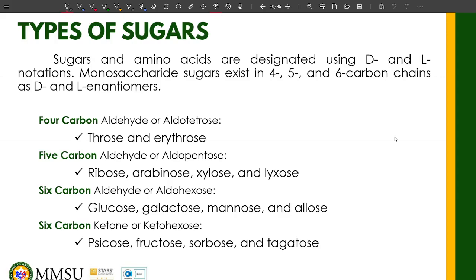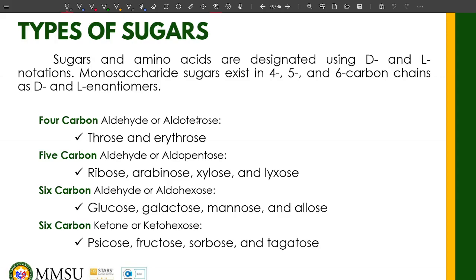So, yung mga monosaccharide na sugars, they exist in carbon chains having 4, 5, and 6 carbons. And also, yung mga carbon chains na yun, meron din silang sari-sariling D and L enantiomers or configurations. So, we have here 4 carbon aldehyde or aldotetrose. Aldo coming from the aldehyde, since aldehyde yung carbonyl group niya.